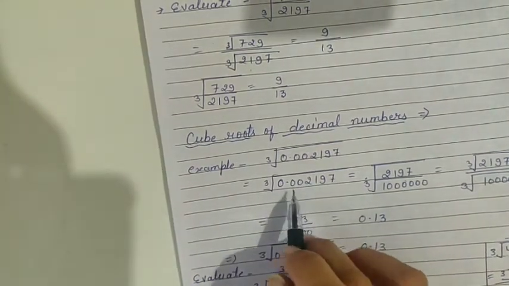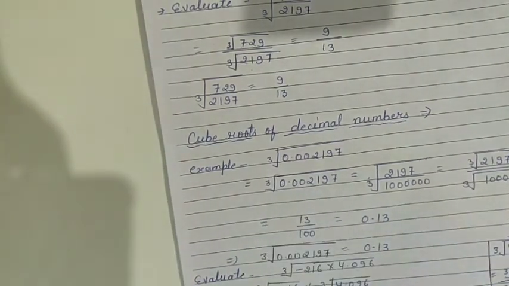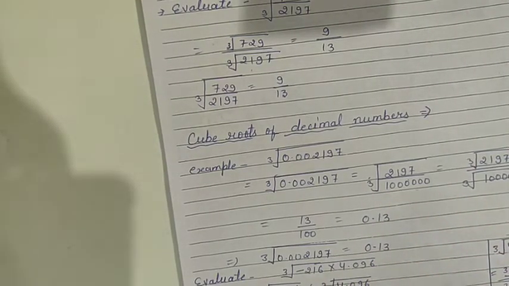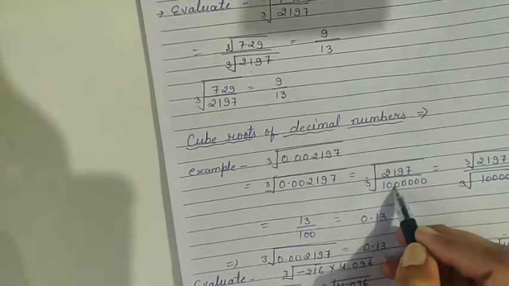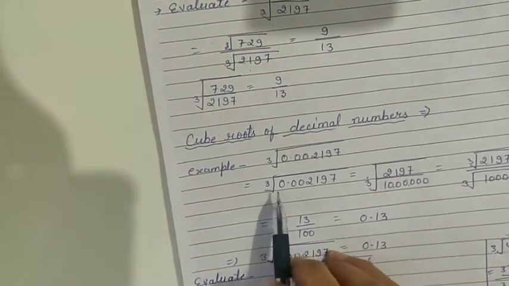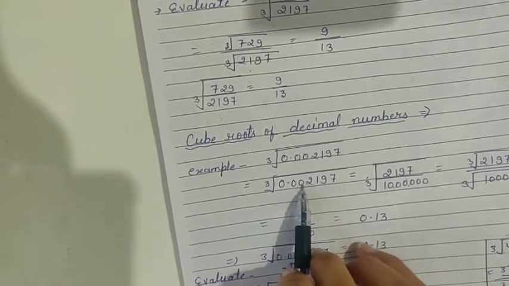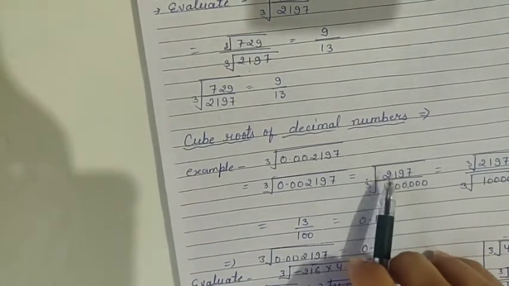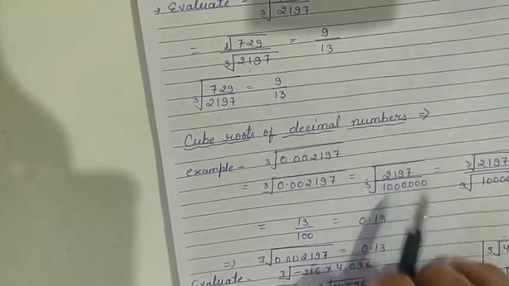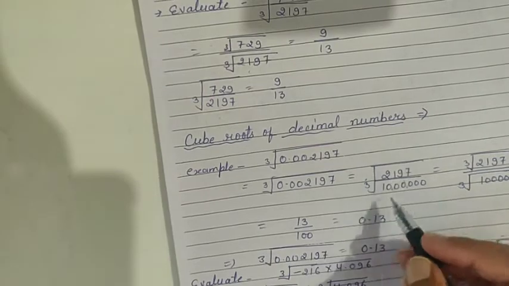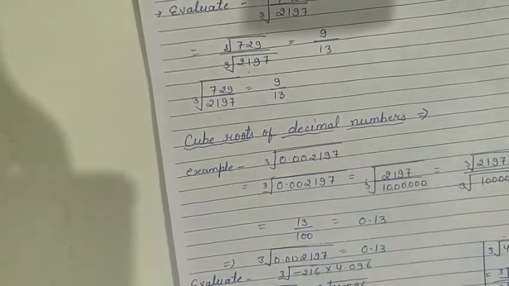There are 6 numbers after the decimal, so in the denominator we have to put 6 zeros: 1, 2, 3, 4, 5, 6. So cube root of 0.002197 equals cube root of 2197 upon 10 lakh. Now this is the form of cube root of x upon y.